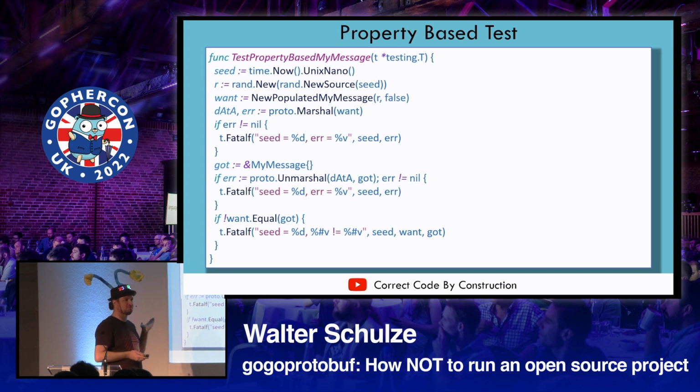This is called a property-based test, because whatever the input is, the property has to hold that if you marshal and unmarshal the random input, it will be equal to the input. This is one of the first things that got me into functional programming and is now getting me into proof assistants. But you can see more about that in another talk, Correct Code by Construction, on YouTube.